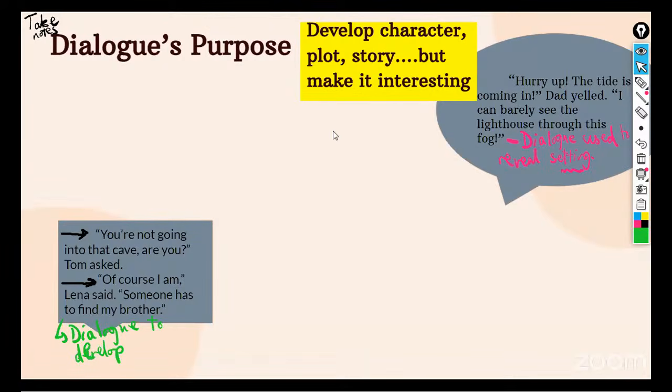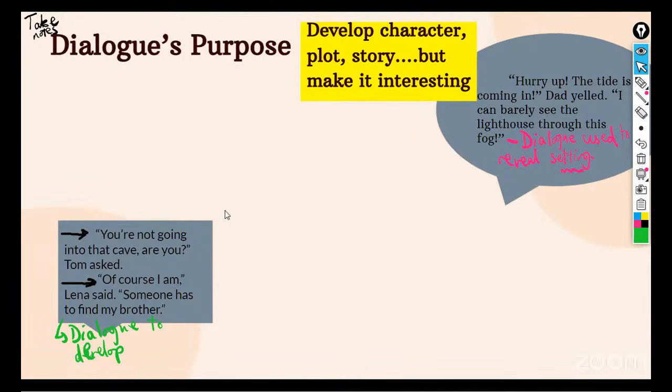Her brother is lost in a cave, yes. What kind of person does it make Lena that she wants to go and look for him? Tom is determined. Tom is the one saying you're not going in that cave, right? Okay, so we figure out a plot detail: the brother is lost. So Lena is brave for wanting to go search for her brother.